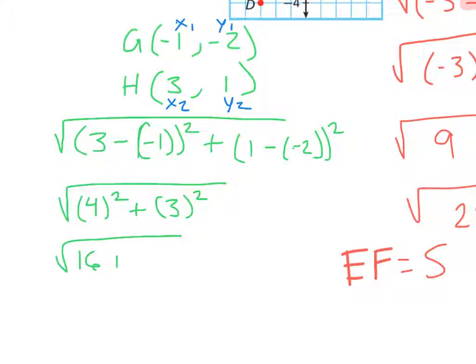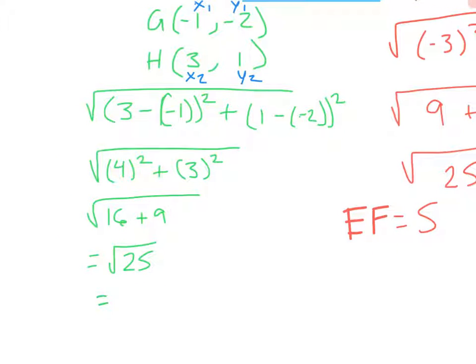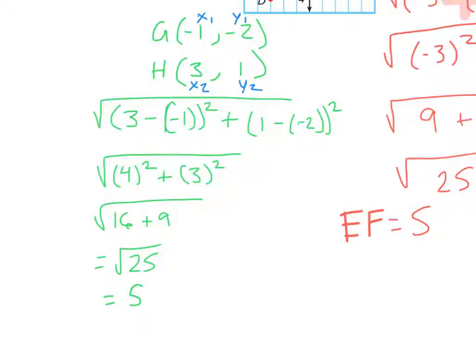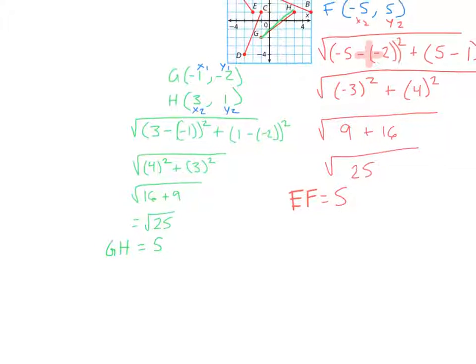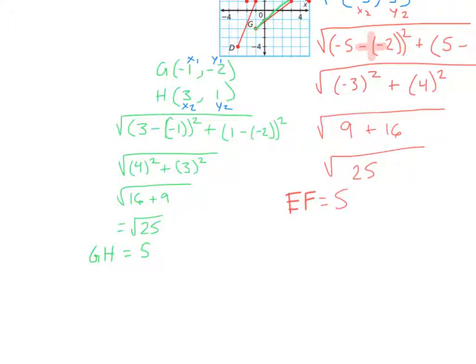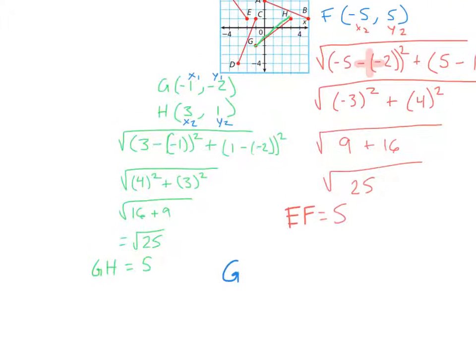So 16 plus 9, which is equal to square root 25, which is 5. So GH is equal to 5. So if GH is equal to 5 and EF is equal to 5, what does that mean? They're congruent. So GH is congruent to EF.